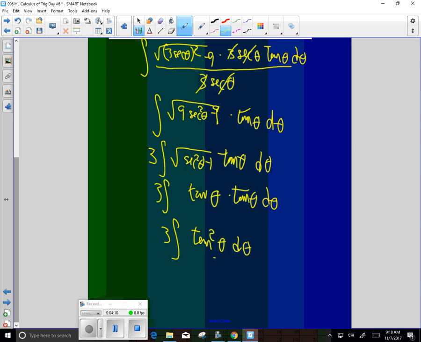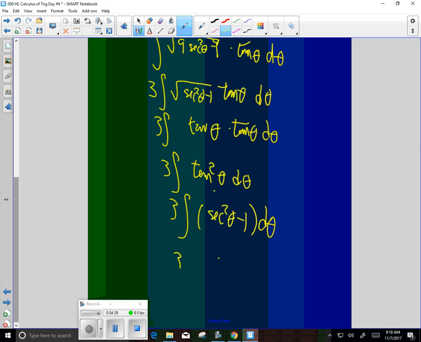I can just set that there. And then this is going to be 3, change tangent squared into secant squared theta minus 1. So then this is going to be 3. What's the antiderivative of secant squared?